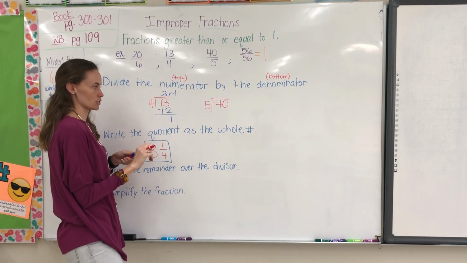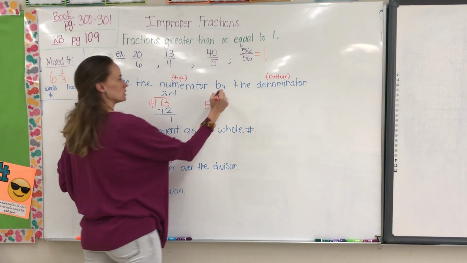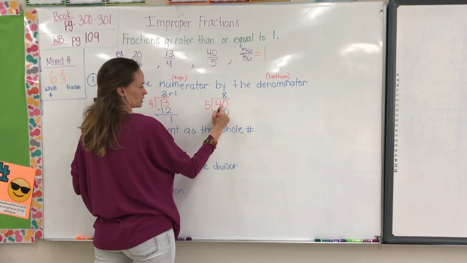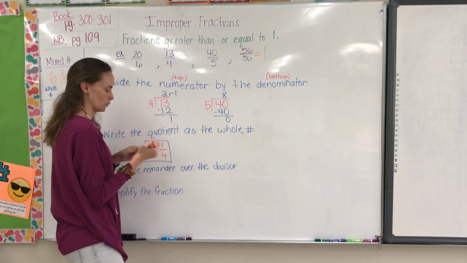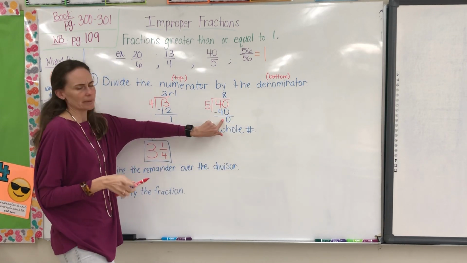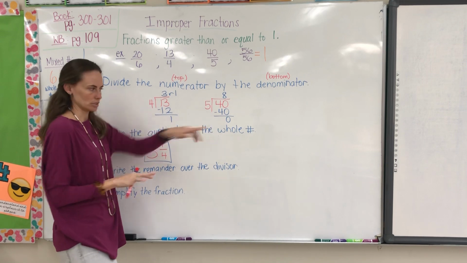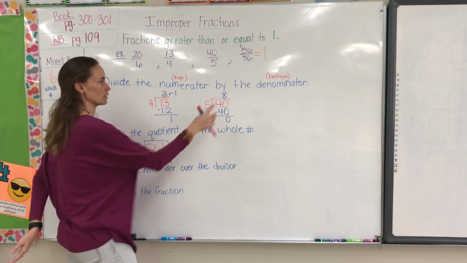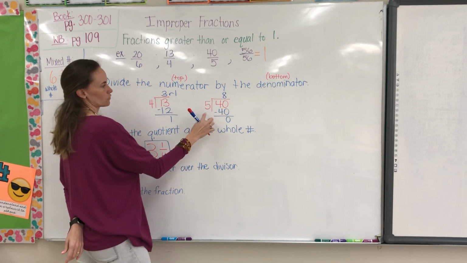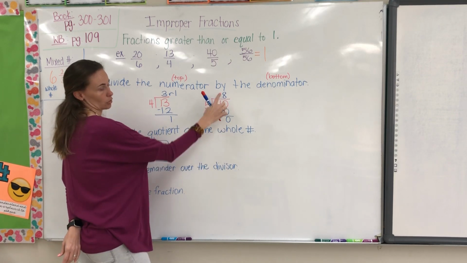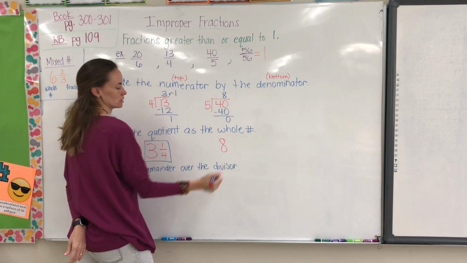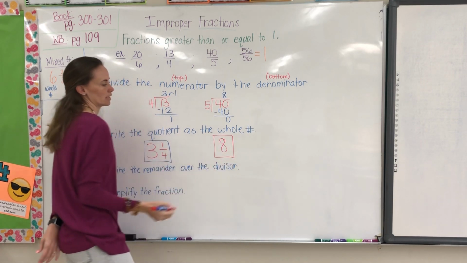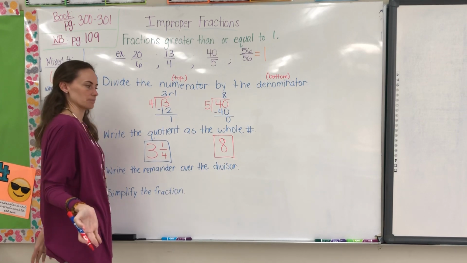How many times does 5 go into 40? 8. 40, subtract, we get 0. Now, are we going to write remainder 0? No, we don't need to write 0 because nothing is left. We don't have a remainder. It went in equally. So for this one, we're going to write our quotient as our whole number. We don't have a fraction, so we're done. It goes in evenly, 8, and that's it.